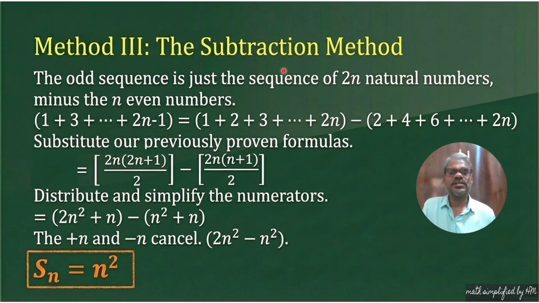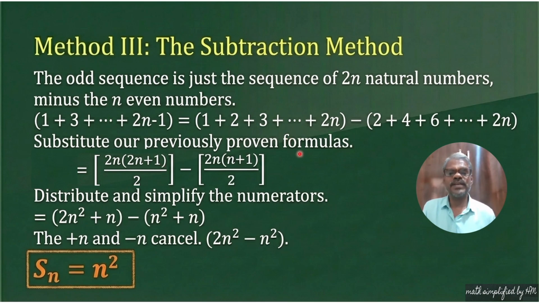Method 3, the subtraction method. The odd sequence is just the sequence of 2n natural numbers minus the n even numbers. So we have 1 + 3 + ... + (2n - 1) = (1 + 2 + 3 + ... + 2n) - (2 + 4 + 6 + ... + 2n).